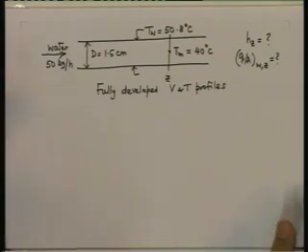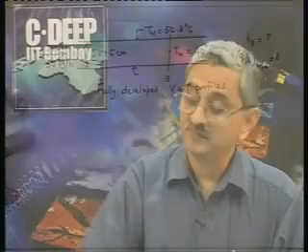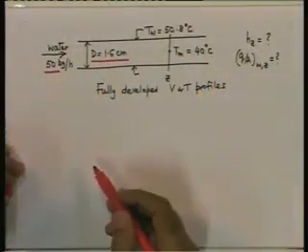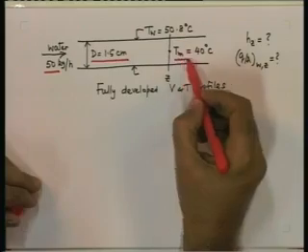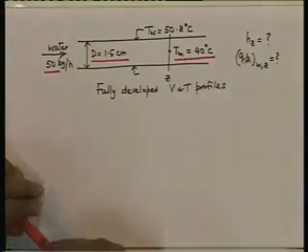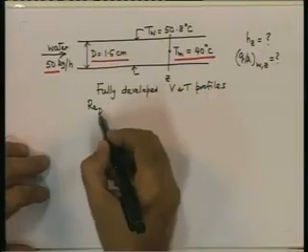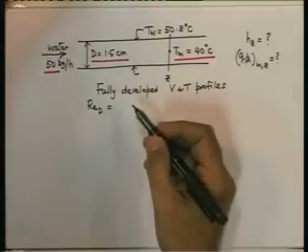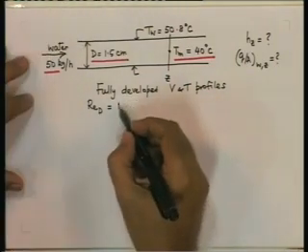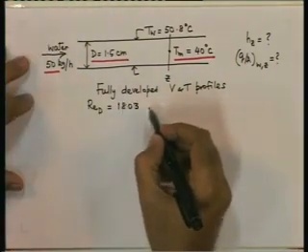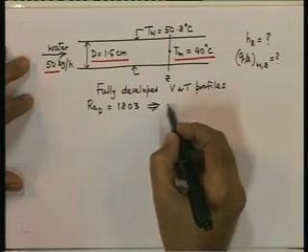Now notice that compared to the previous problem, the diameter remains the same, the flow rate remains the same, and the temperature at which the properties are to be determined also remains the same. Hence, the Reynolds number also remains the same. So, we have Reynolds number of 1803, that means it is laminar flow.